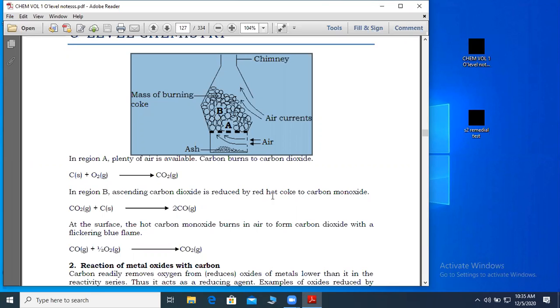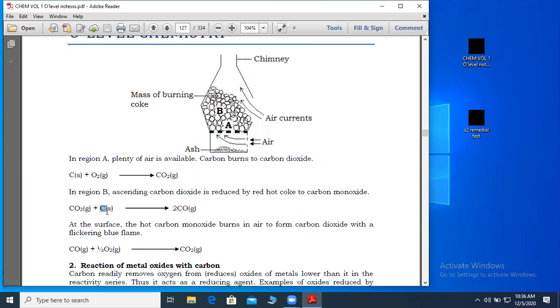It is reduced by red hot coke. Remember, coke is also a form of carbon. That's why on the equation we are saying carbon dioxide plus carbon, you get carbon monoxide. Now, on top at the surface, this carbon monoxide that has been formed will also burn in excess oxygen at the surface because the chimney is open to form carbon dioxide.